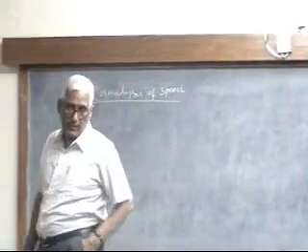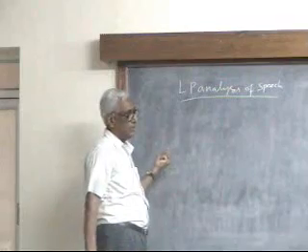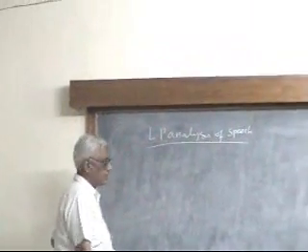So we were discussing this linear prediction analysis of speech, and as I told you, it is the most powerful technique applied in many domains and in speech in particular.